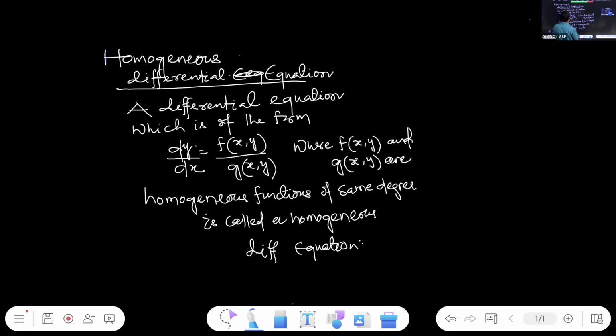So first of all, we should know what is a homogeneous function in two variables x and y, right? So write down what is a homogeneous function.